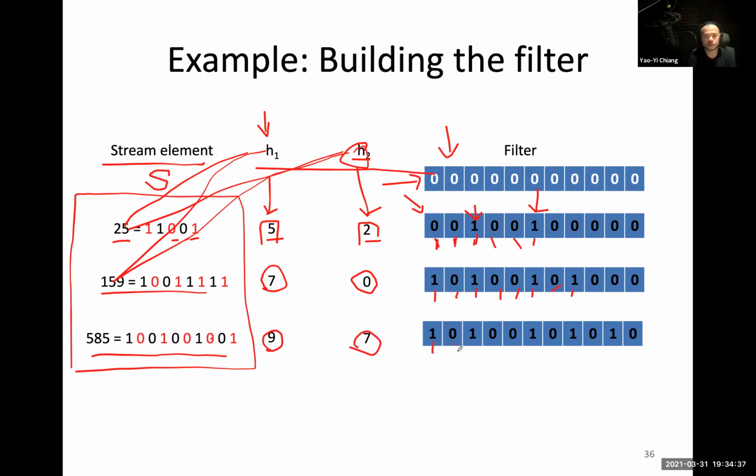So 0, 1, 2, 3, 4, 5, 6, 7. It's already a 1, so we leave it. 8, 9. 9 was a 0, you set it to 1. All right, so that's it for the Bloom filter. After you do this for every element in your S set in your database, now you have a filter, an array of ones and zeros.